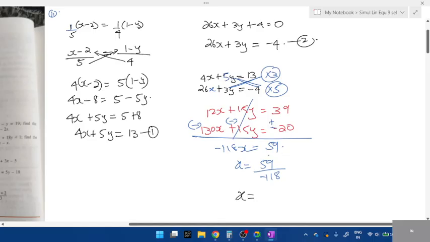What is x value? How did you cancel? You told me you divided. You told answer is minus 1 by 2. How did you divide?